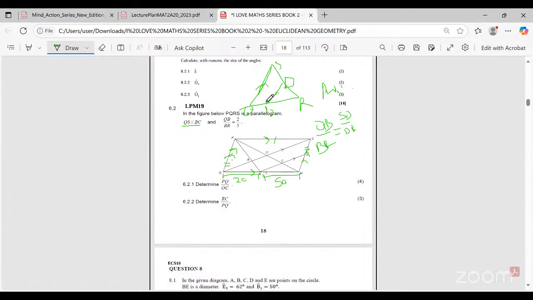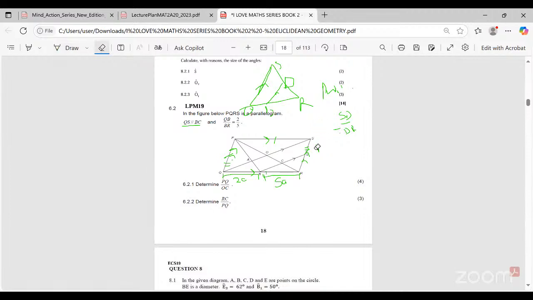Do you agree? Yes, sir. Exactly. That's what we are going to do, because now we can apply the proportionality theorem in this part.